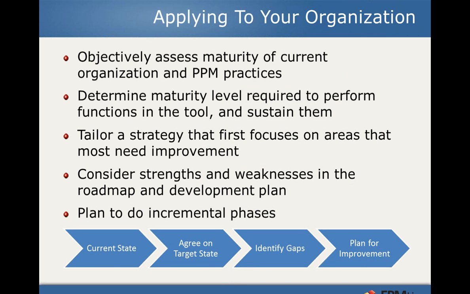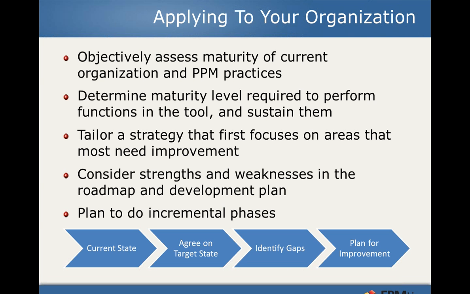So when you go to apply this to your organization, what are the realistic things that we want to do? Given the premise that even within a singular organization there could be multiple levels of maturity in the different business units or departments, what we want to do when we apply this to any of those entities is to objectively assess the maturity of the current organization and its PPM practices.